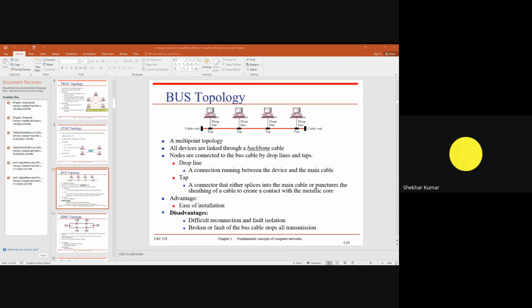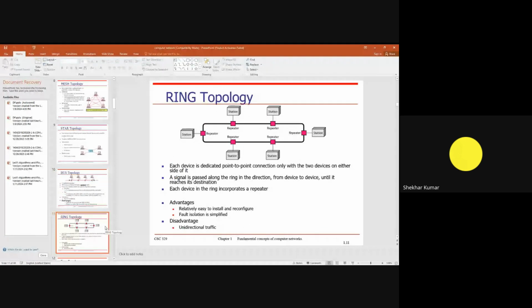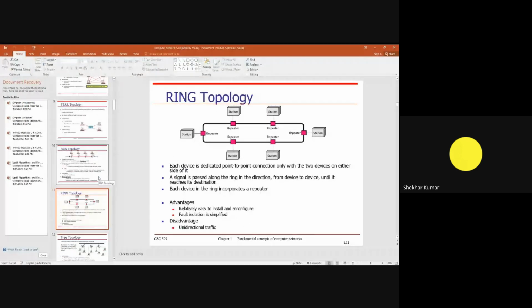And the cable has a limited length also. It is slower because all nodes are connected through a single cable. That is your bus topology.